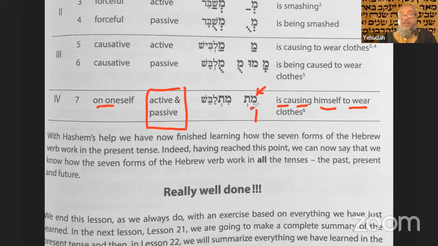The hith, right, is on oneself, but it's in the past. Okay. Then they have one called the yith pael. This says that he is doing something on himself in the future. Okay. So they got the past, present, and future.